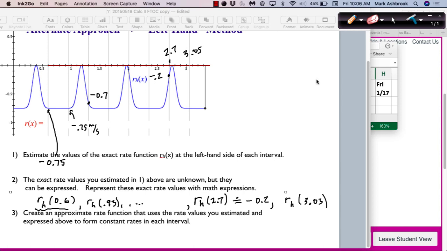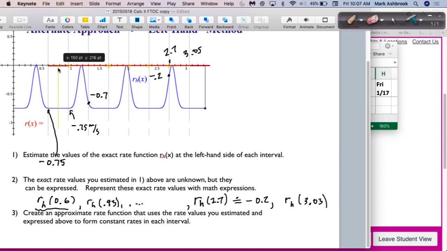Okay, so our estimate for r sub h of 0.6 was what again? Negative 0.75. So watch. I'm going to grab a constant rate and put it down at negative 0.75. So that's what our pretend rate function will be in the first interval. I'm making a constant rate for the actual rate right there at the left side.